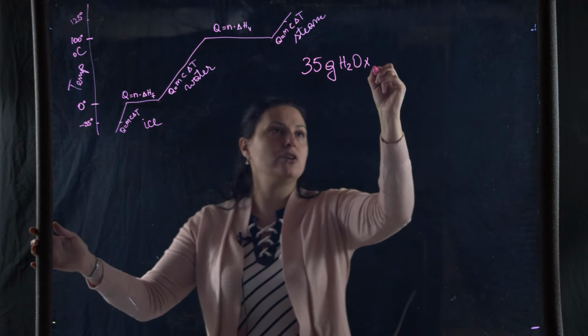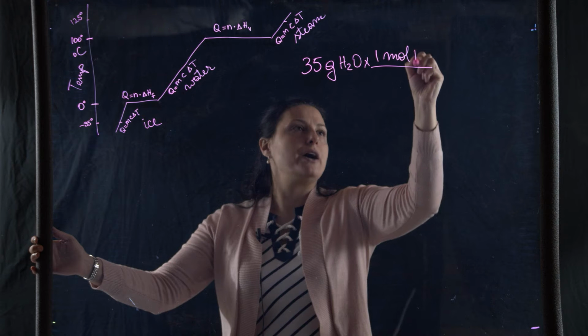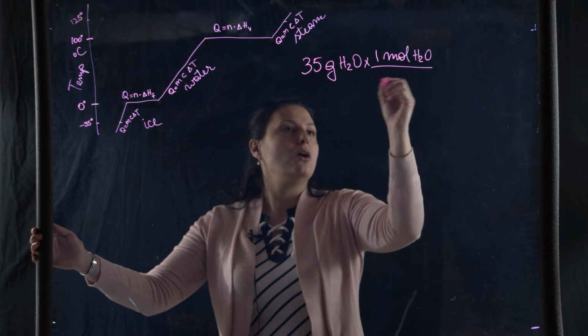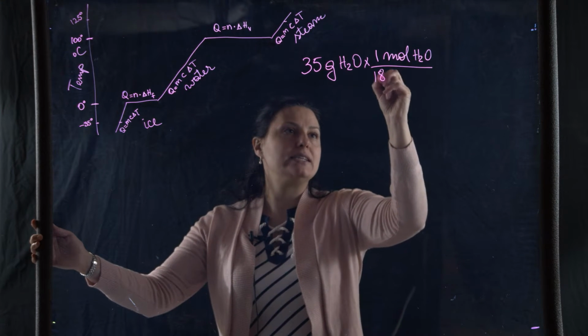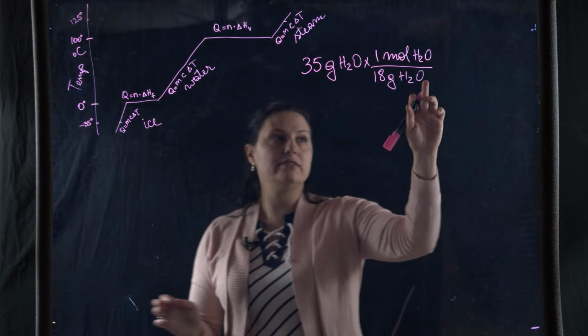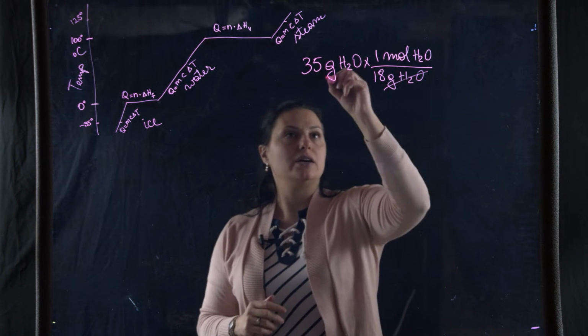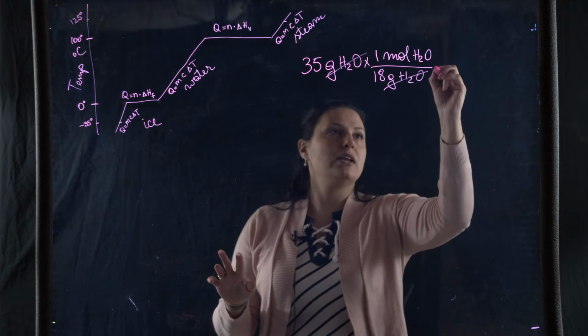Convert that by using its molar mass. I know that 1 mole of water weighs about 18 grams. You can do 16 for oxygen and 2 hydrogens, so 18, about. So I delete the grams and I'm left with moles.